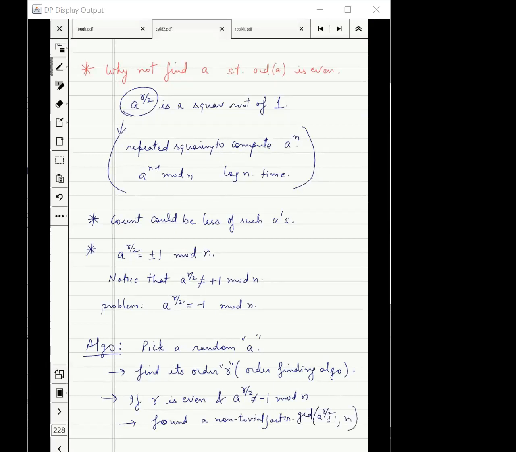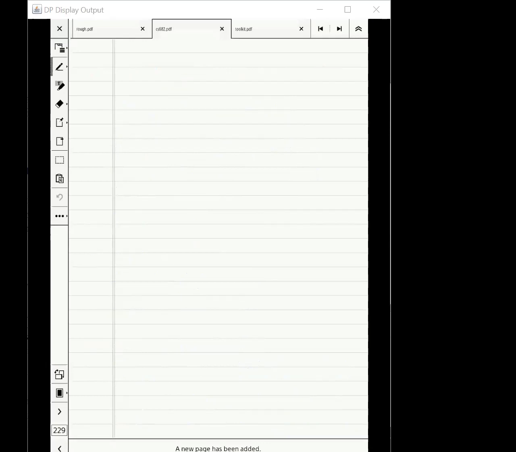This is going to be our algorithm. We are going to pick a random A. We're going to run our order finding algorithm on it. And then we are going to check if r is even and a to the power r by 2 is not equal to minus 1, then we will be done. If not, we'll pick another random A, and keep trying this. As Deepajit mentioned, but still we could get into this problem.